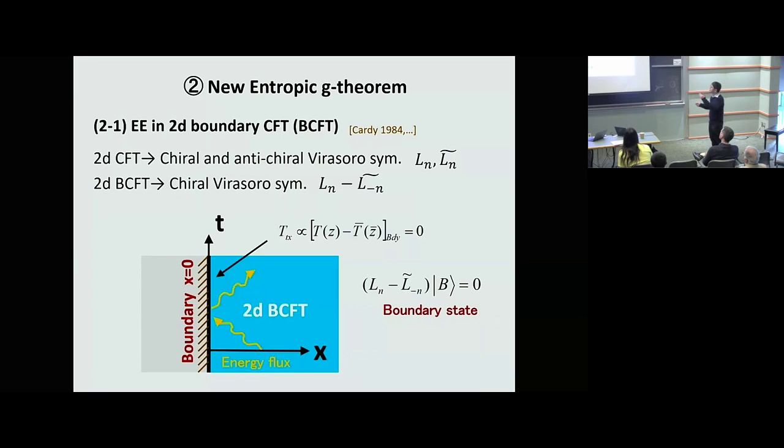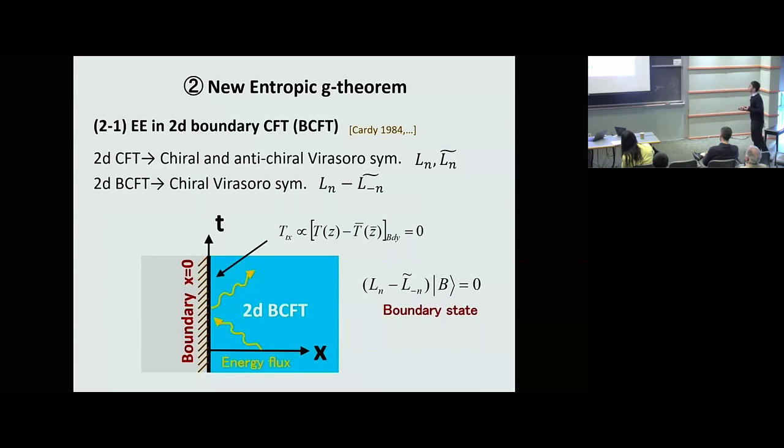This is boundary conformally invariant, so it's a BCFT. This is a fixed point, but if we put some boundary perturbation, given by some relevant perturbation, then it breaks boundary conformal invariance, and we have a renormalization group flow at the boundary. But we don't do anything in the bulk, so the bulk is conformally invariant.